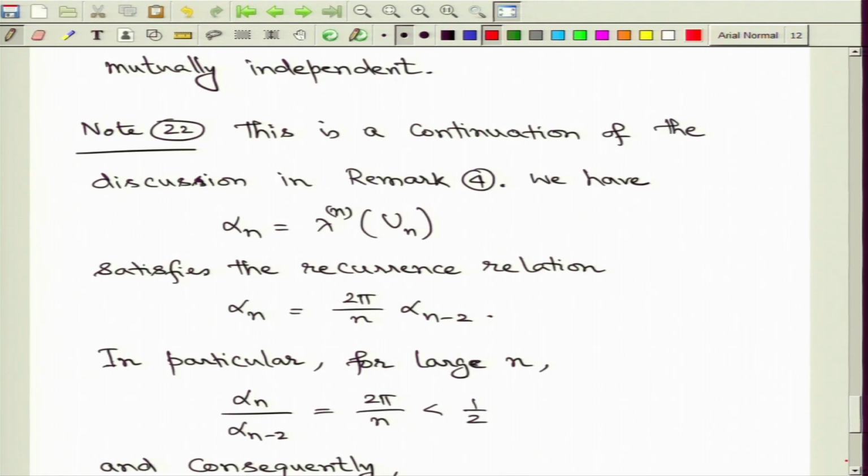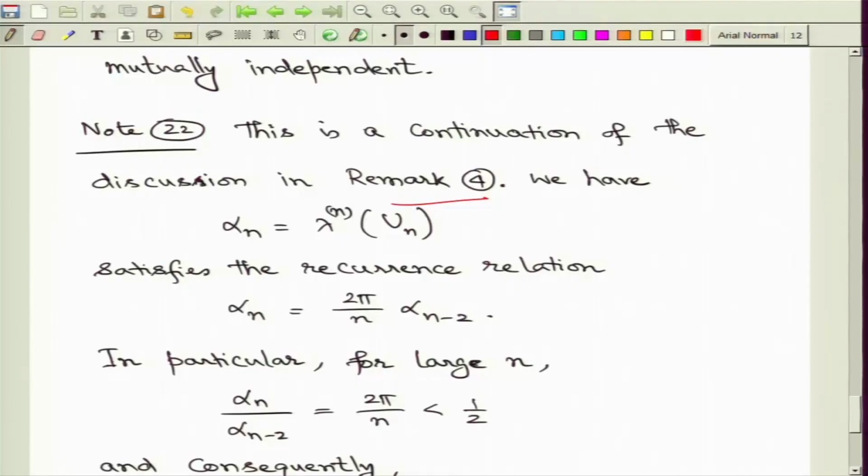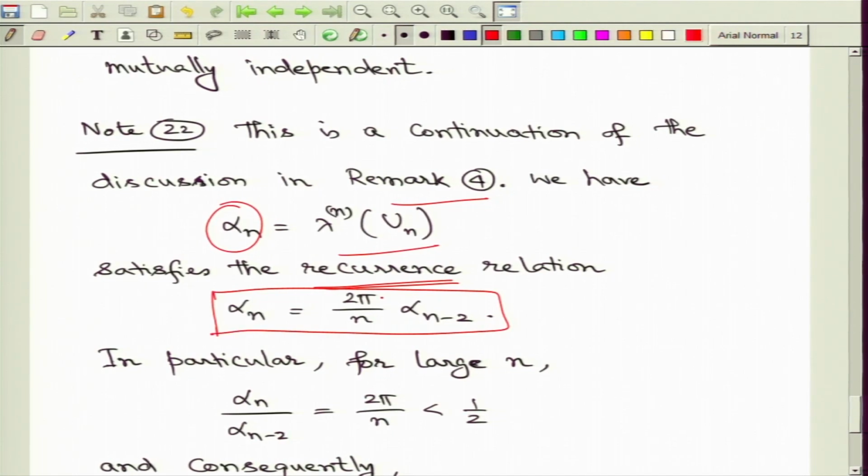Alright. So, now we go back to another interesting application of Fubini's theorem in terms of the volume of the unit ball that we have seen earlier in remark 4. So, here what we see is that if we denote the volume of the unit ball in n dimensions as alpha n, then we had discussed this recurrence relation given by this formula, that alpha n is 2 pi over n times alpha n minus 2.